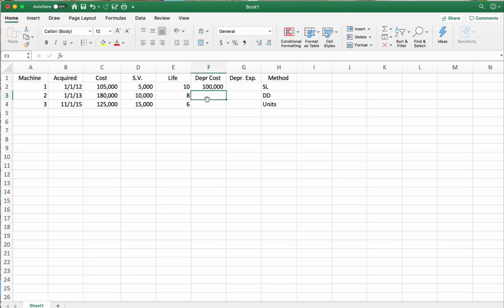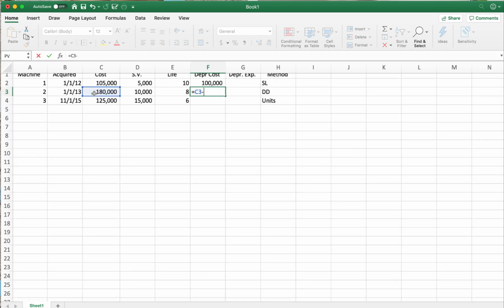Because remember, when we depreciate this, the ending value of our machine is going to be whatever the salvage value is. So, in machine 2, technically, the depreciable cost is $170,000. I got that by taking $180,000 minus my $10,000. Okay, so that's the amount of cost we're going to depreciate.